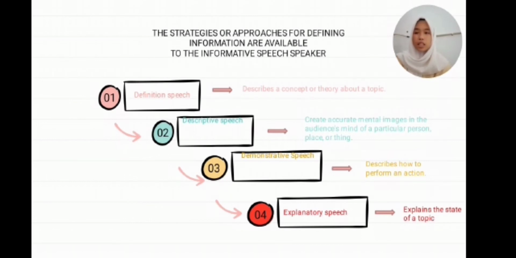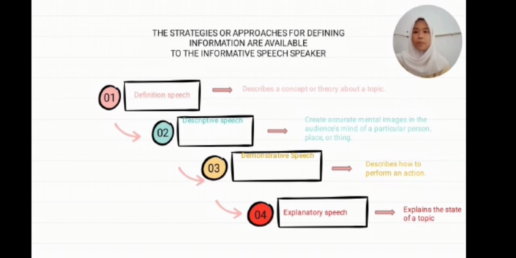A definition speech explains the meaning, theory, or philosophy of a specific topic that the audience likely doesn't know much about. The topic may be general, such as a sport, or highly specific, like a particular person.